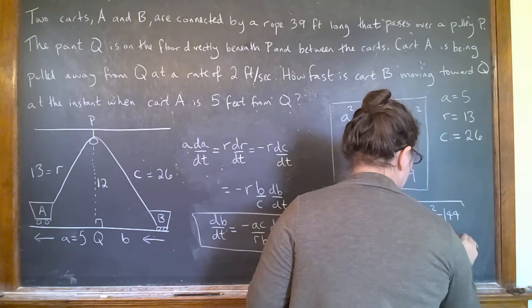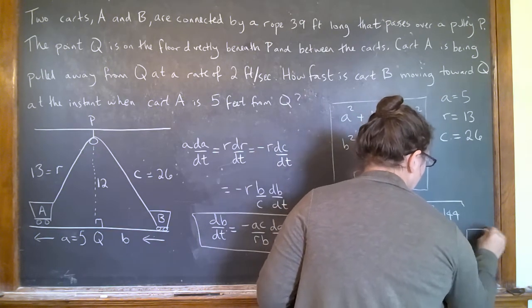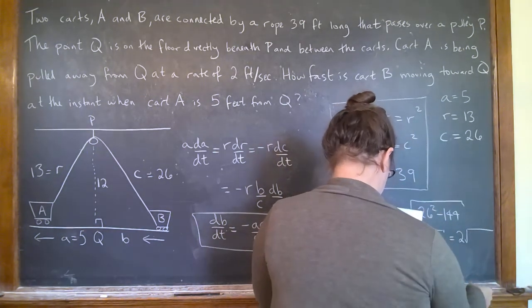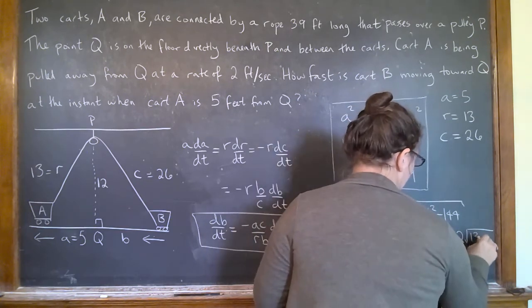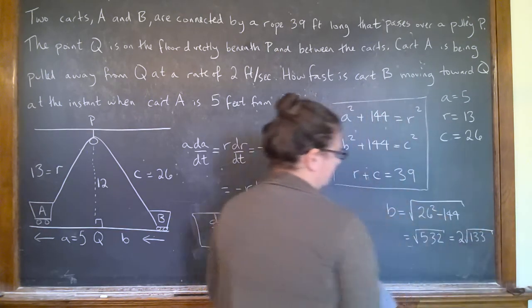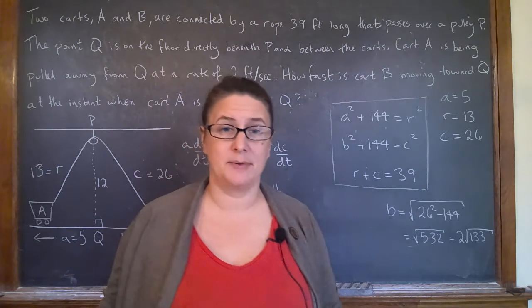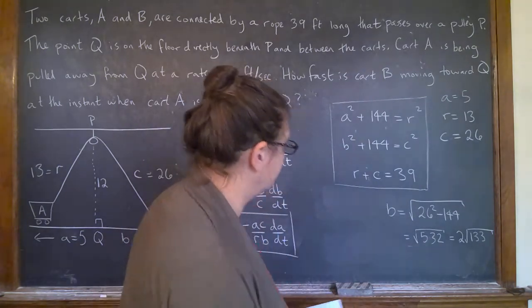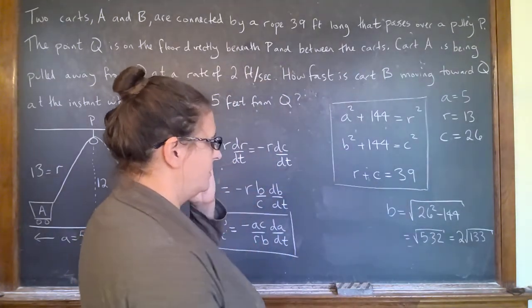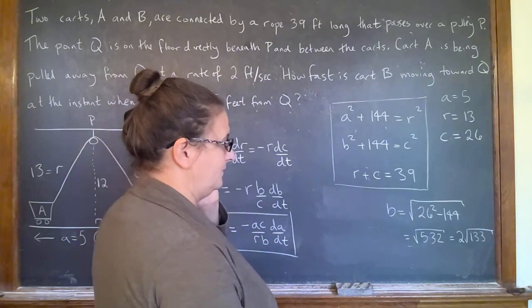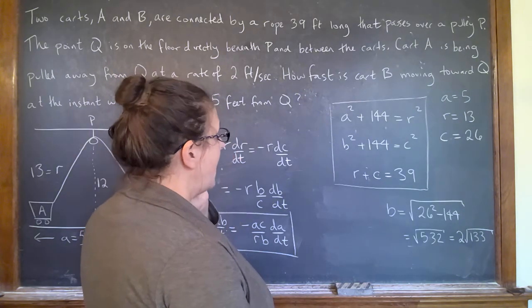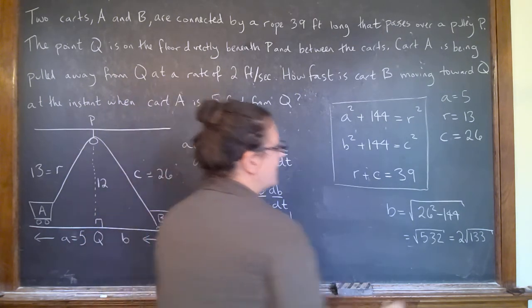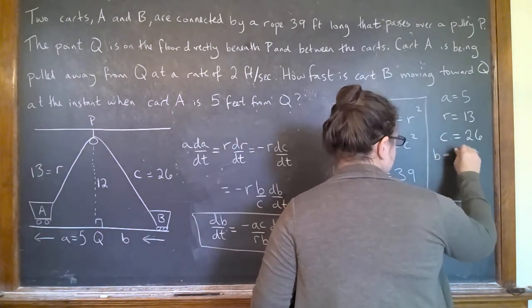Square root of 532, I can pull out, what is this? 532 is 133 times 4, so I can write it like that, but that's pretty much the best I can do. Because 133 is like 7 times 19, and I'm not going to end up with anything good there. So that's going to be my B.